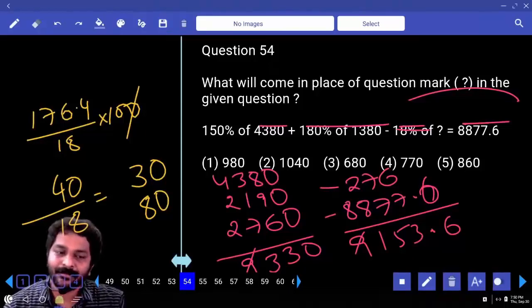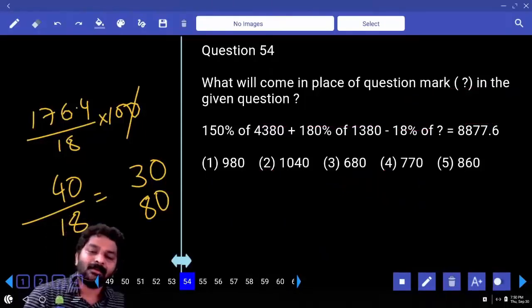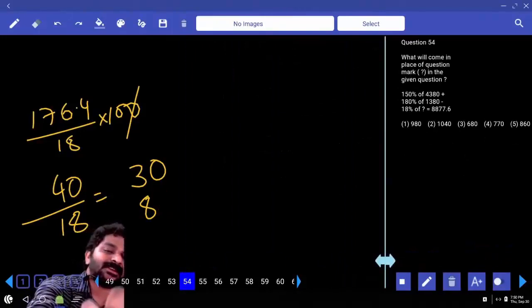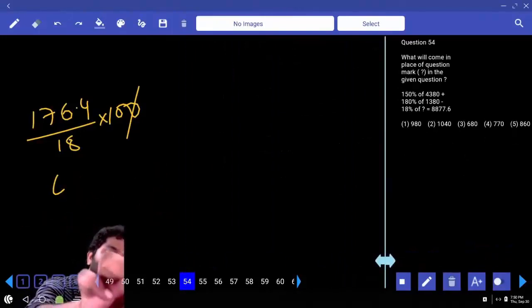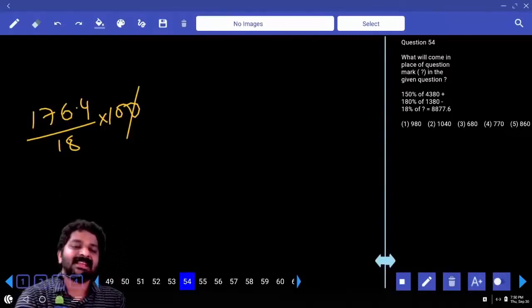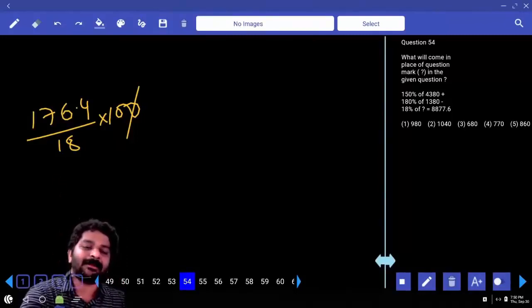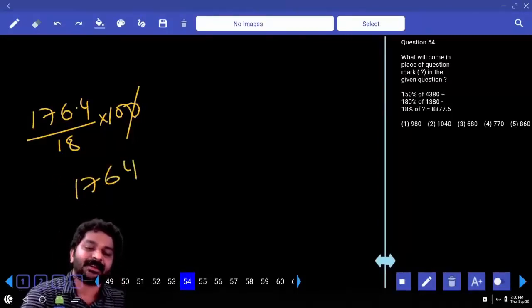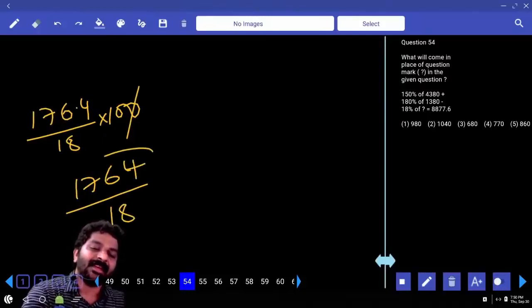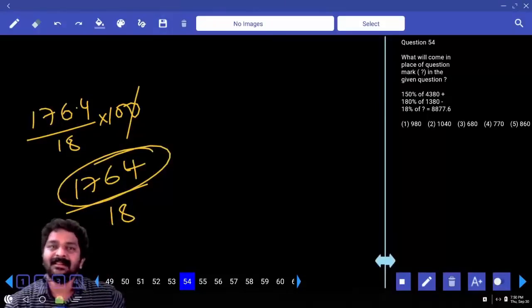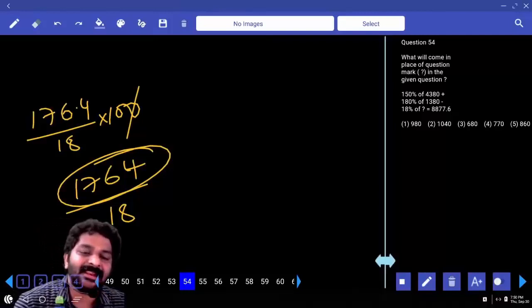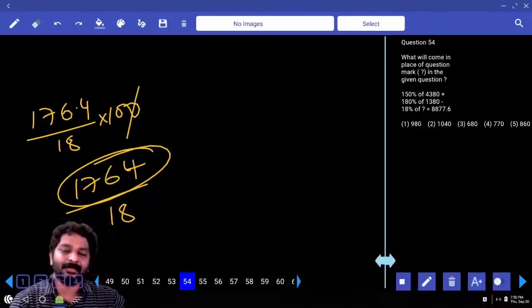Is it clear? Now, when you take 10 times of this number, 10 and decimal gets cancelled. 176.4 multiplied by 10, that is 1764 divided by 18 only. If you have 1800, answer is 100. Am I right?